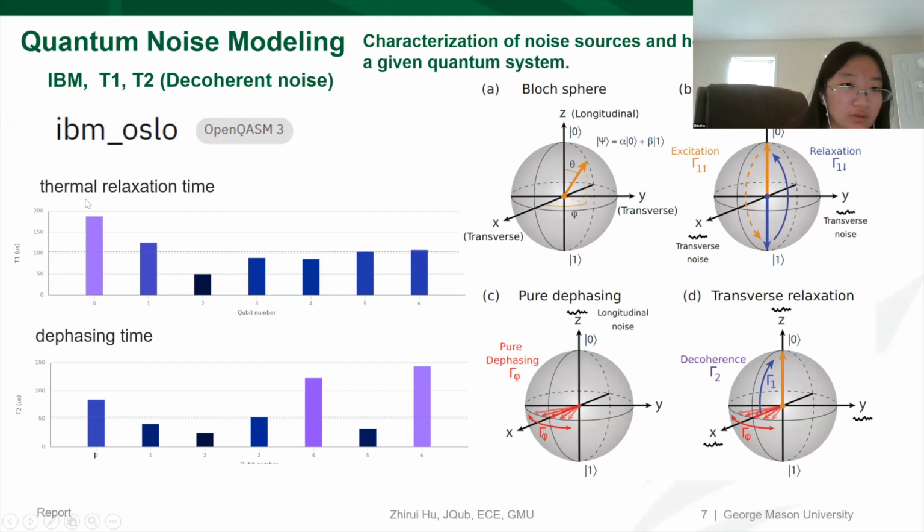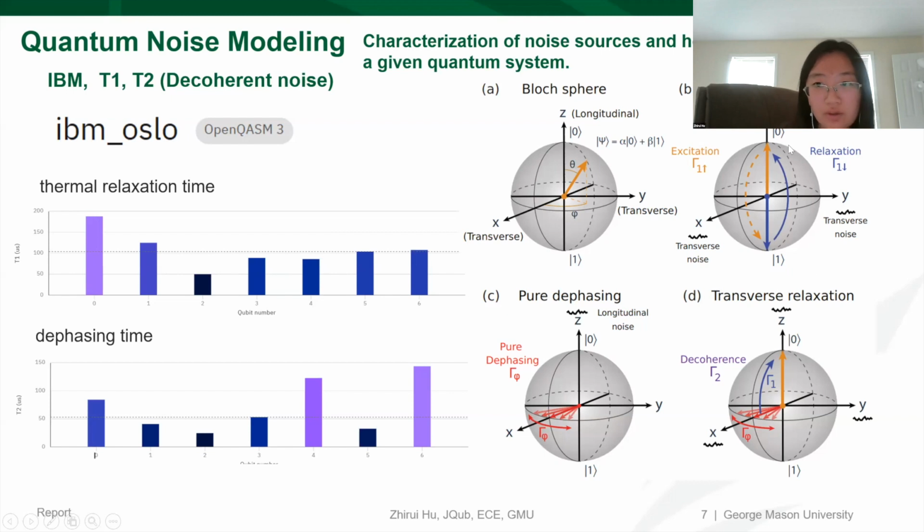T1 is the thermal relaxation time, and T2 is the dephasing time. The thermal relaxation time means that when we apply an X gate, it is hard to flip the state perfectly from the 0 state to the 1 state.